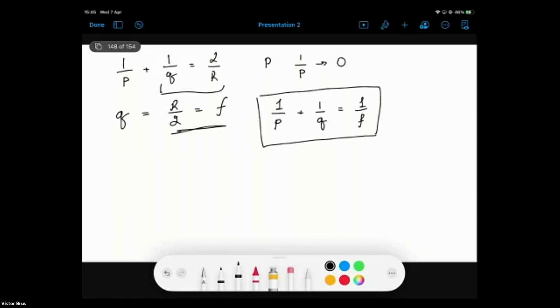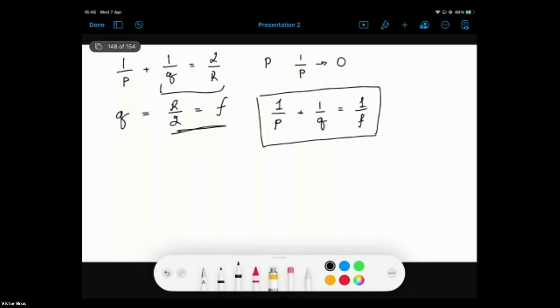So far we had only positive p because all our objects were in front of the mirrors. Then image location q. If we have the image location in front of the mirror, somewhere here, for instance, it's called a real image, and this distance is taken as positive. If it's in the back of the mirror, a virtual image, then distance q is taken negative.